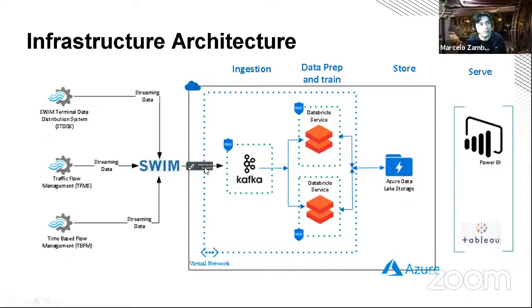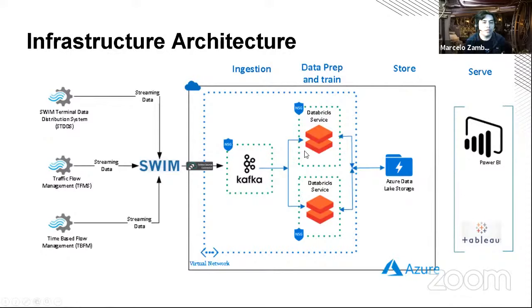We have here, I can barely say it, but it is there, a Solace source connector. This is in order to connect and ingest the data from SWIM. Solace provides source and sink connectors that you can build and deploy in your Kafka cluster, which is really nice. On this end, we have an Azure Data Lake for storage. And at the end, we could have Power BI, Tableau, pretty much whatever you want to use in order to display the final information.